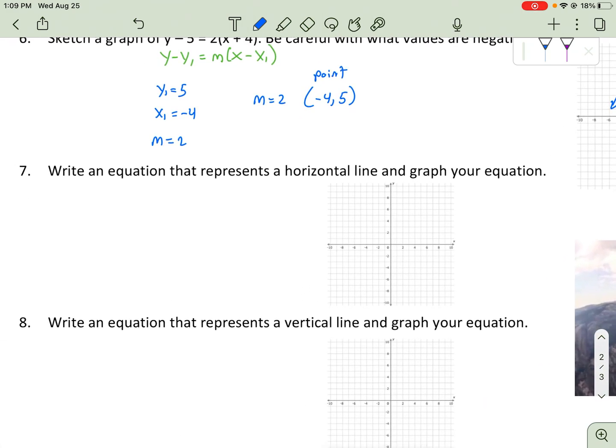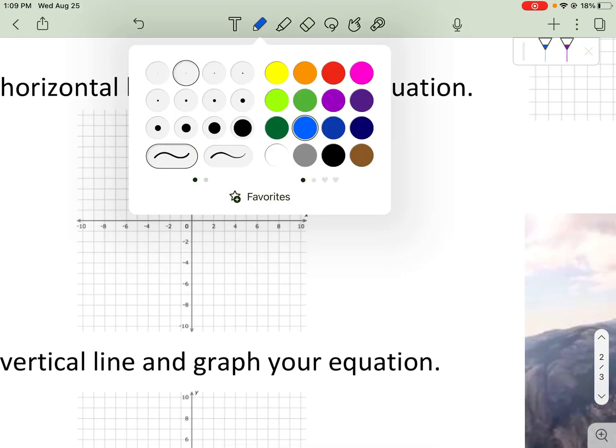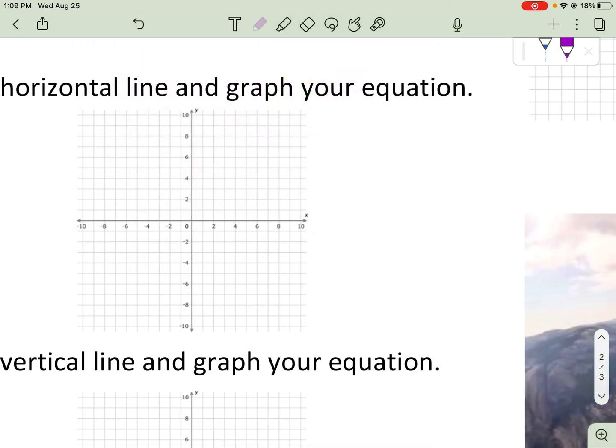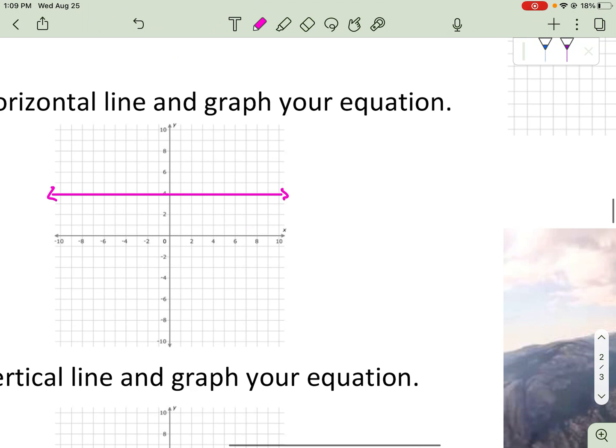Okay, number 7, a horizontal line. So let's draw a horizontal line on here, anywhere we want. I'm going to put it right on one of the lines, though, so we can talk about the number that it is. All right, so here's a horizontal line. Now, for this horizontal line, our y value is always 4.